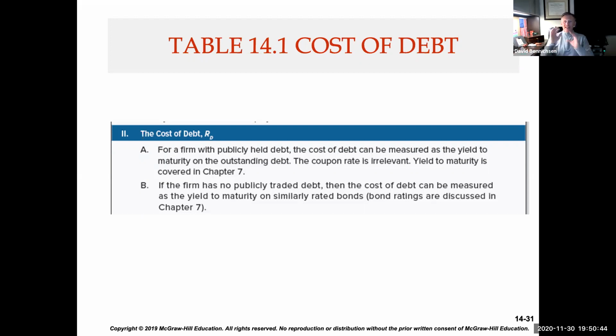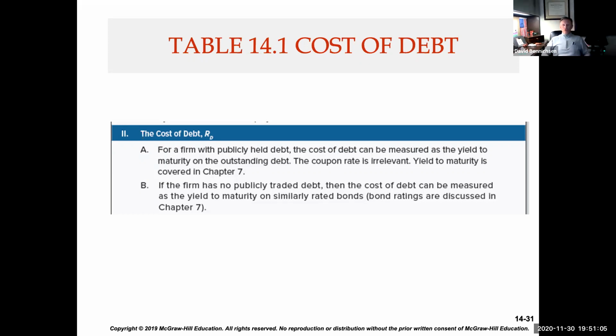Okay, so if you are working for a company that has no publicly traded debt at all, then we're making the assumption that the cost of the debt can be measured as the yield to maturity on similarly related and rated bonds.